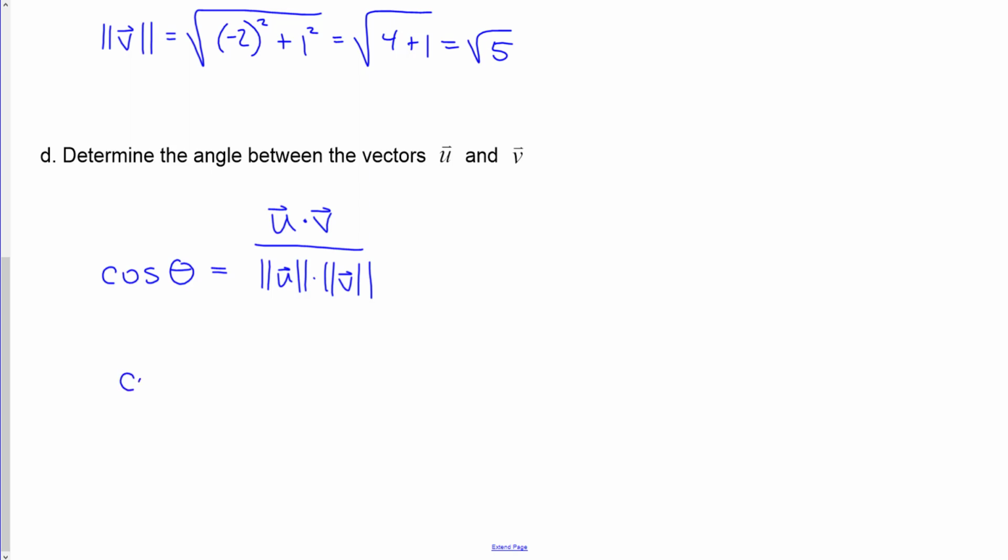So in our situation, the cosine of theta is going to be the dot product u dot v, which we had as negative 10, over the magnitude of u, which was 5, times the magnitude of v, which is the square root of 5. Now 5 goes into 10 2 times, so I have negative 2 over root 5.